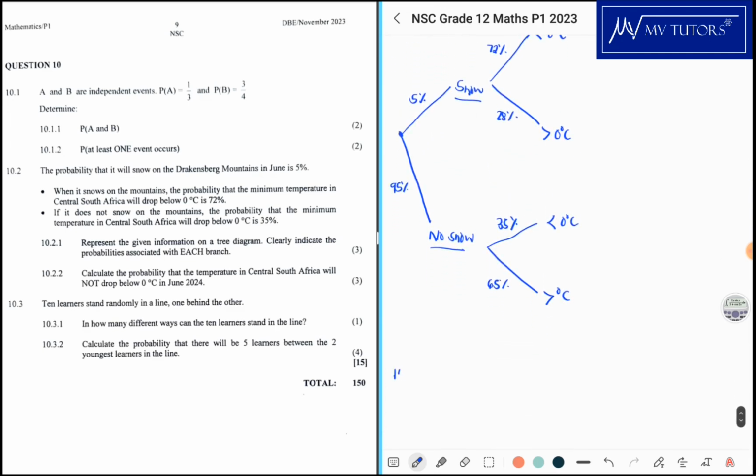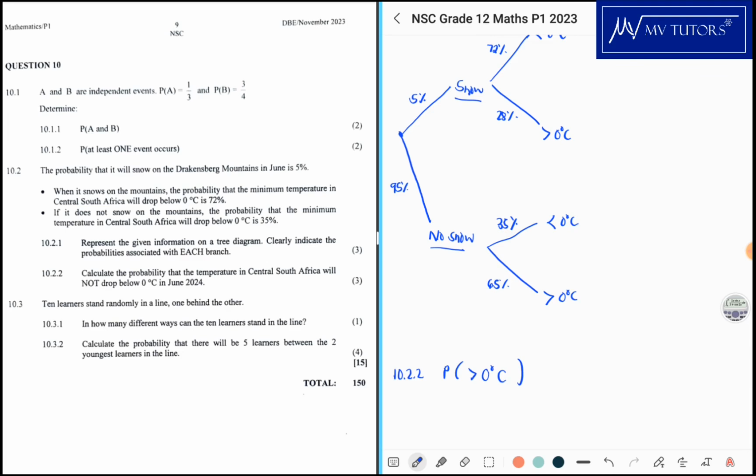Now 10.2.2. It says calculate the probability that the temperature in Central South Africa will not drop below 0 degrees. So if it doesn't go below, it means it will be above. So we're looking at above 0 degrees Celsius.